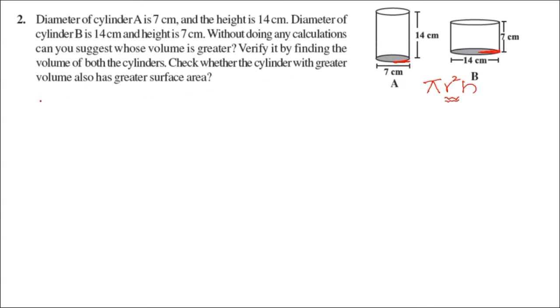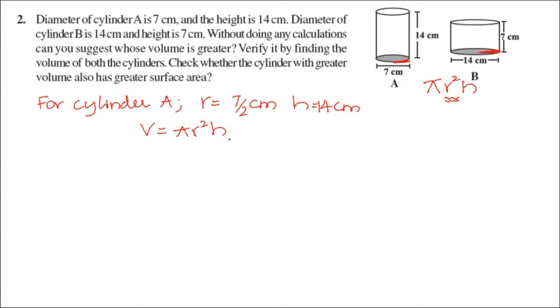So for cylinder A, they have given the radius as 7 by 2 centimeter and the height as 14 centimeter. Now if you use the formula, volume will be equal to pi r square h. 22 upon 7 multiplied by 7 by 2 multiplied by 7 by 2 multiplied by 14.